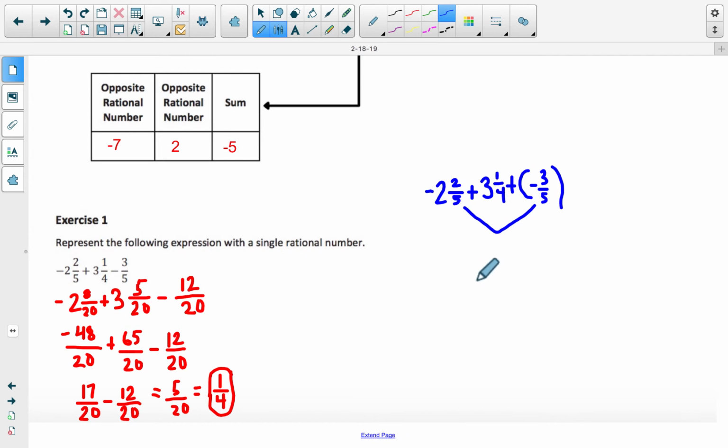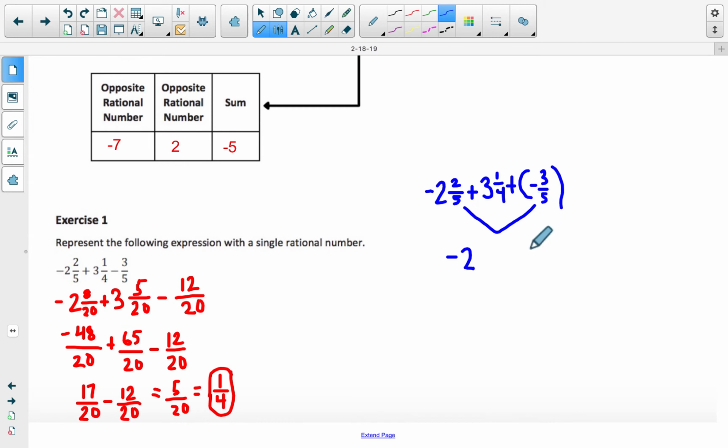Now, the -2 is still our mixed number, our whole number, and then you're basically adding a -2/5, because the whole number is negative, including the fractional component, not just the whole number. Everything's negative. You're adding a -2/5 and a -3/5. Okay?